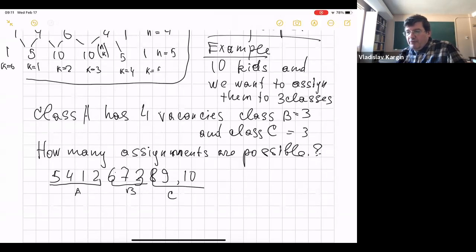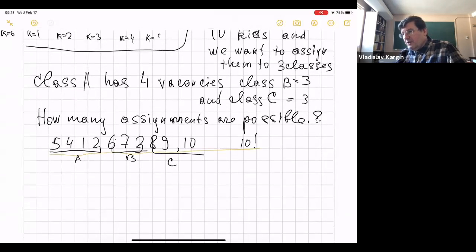Right, so now the number of all possible lines is 10 factorial. But after that we say it actually doesn't matter what the arrangement is here; it could be 1, 4, 5, 2 and it results in exactly the same assignment to the classes. This permutation in the beginning of the line doesn't matter.